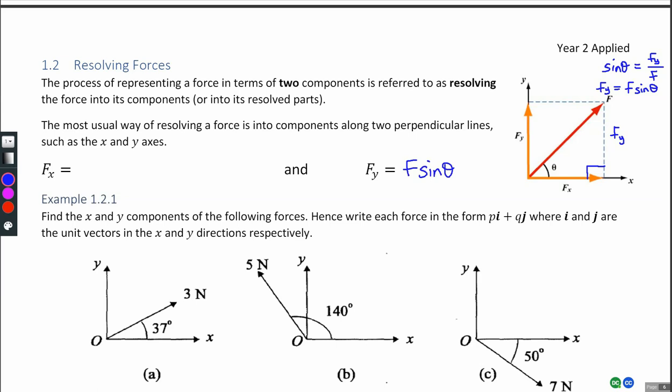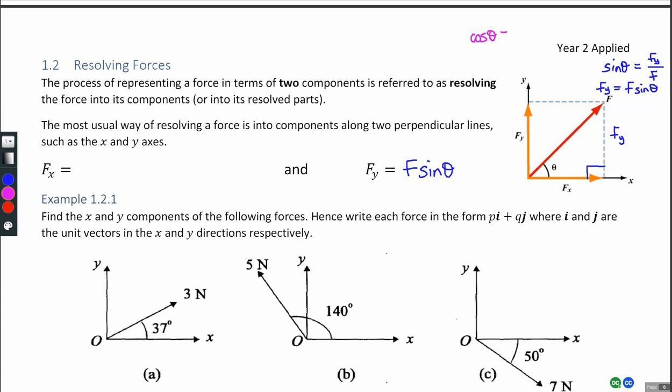Now theta here is the angle between the force and the horizontal. Things would be different if theta was this angle up here. So don't jump to the conclusion that the vertical force is always sine theta. It isn't. It depends on which angle is theta. Similarly, we can do adjacent over hypotenuse, which is cos.